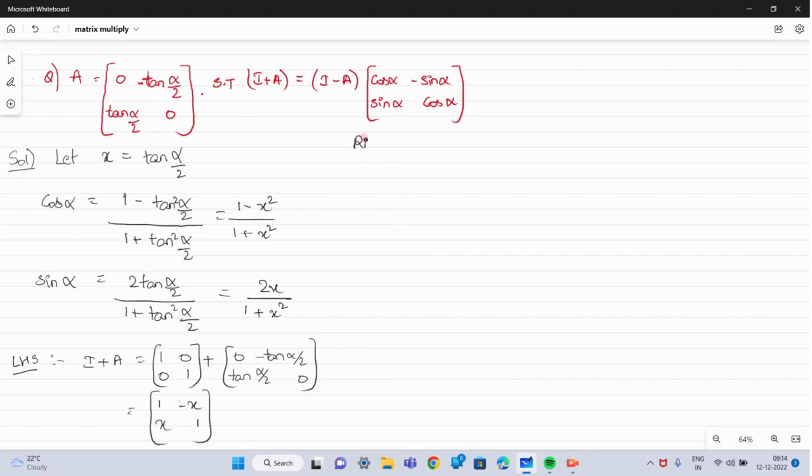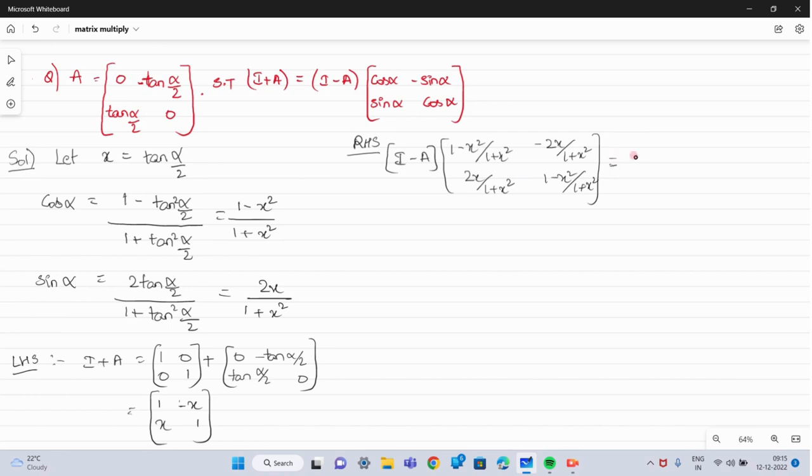Now solve the RHS. It is I minus A into the matrix. Write cos alpha in terms of x: you'll get 1 minus x square over 1 plus x square, minus 2x over 1 plus x square, 2x over 1 plus x square and 1 minus x square over 1 plus x square.